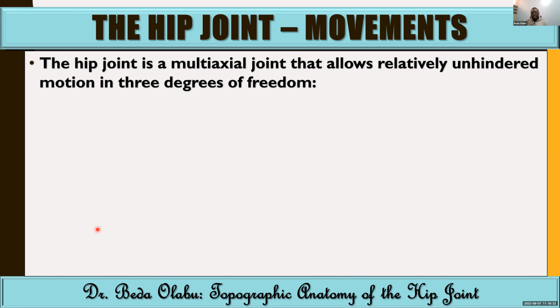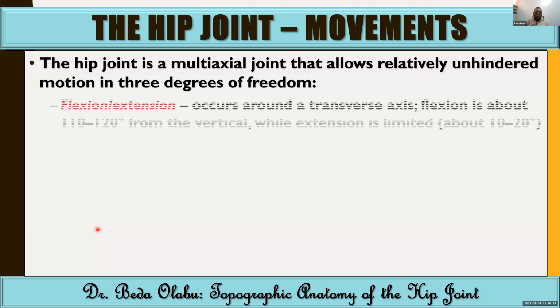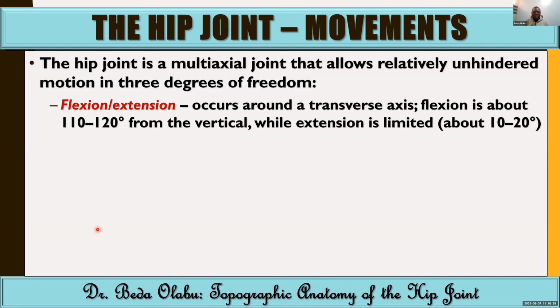There's the axis for flexion and extension, the axis for adduction and abduction, and the axis for internal rotation and lateral rotation. Flexion and extension of the hip will occur through a transverse axis, a mediolateral axis.